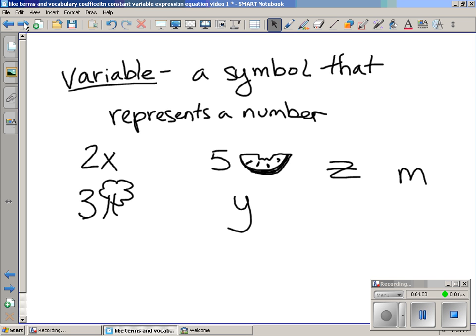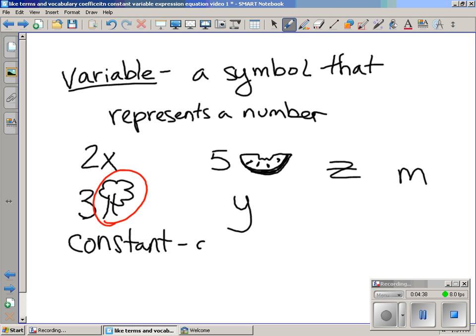More commonly, we use letters because it's a lot easier than drawing a whole object every time. It'd be really hard to write an equation and have to, at each new level when you're solving it, draw a watermelon again and again and again. It's too much detail. But anything that's a symbol is a variable if it represents a number. In addition to variable, the other vocab word we looked at was a constant.